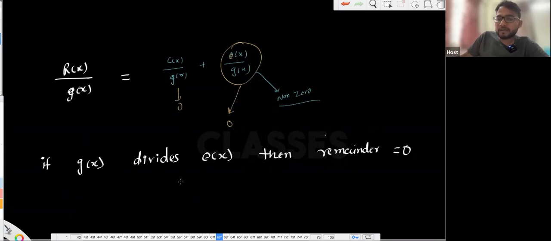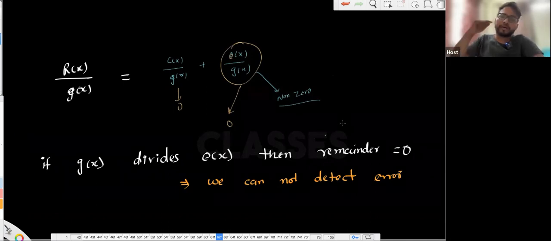Then can you tell me whether there will be error or not? I don't know, right? So we cannot detect error. By the way, the CRC can only detect error, it cannot correct error. Because if the remainder is 0, there could be error, there could not be error.